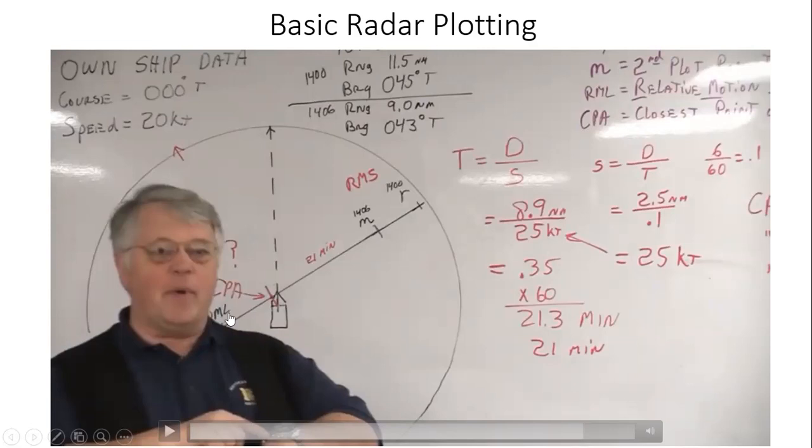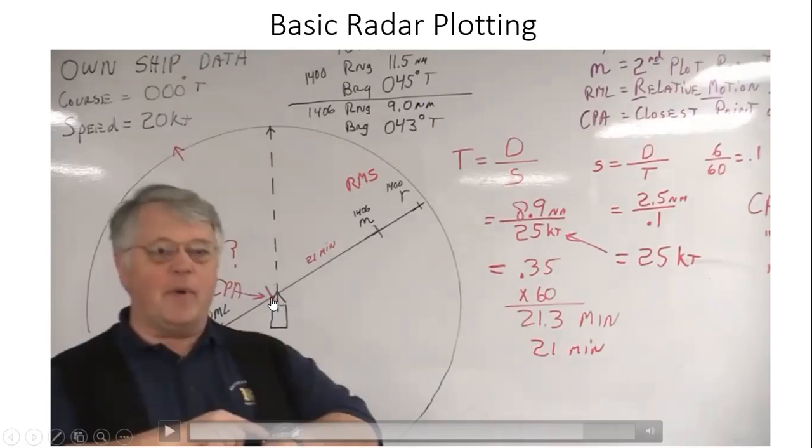Now, that CPA, oh my God, 10 minutes. For that CPA, what Captain did was take a triangle, attach it to the RML, and then align it here. That is the 90 degrees of the RML. It will give you the CPA point. So measure from this point on your radar transfer plotting sheet, this arm, to this point, the CPA point.